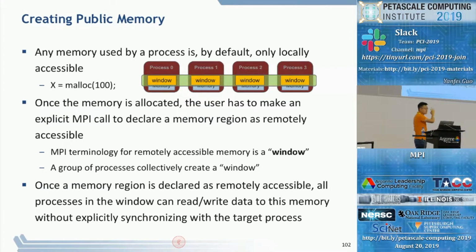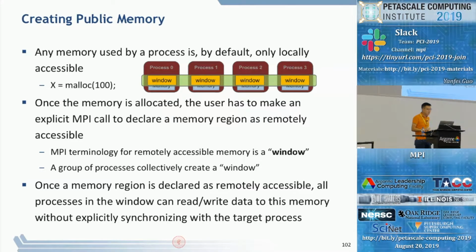Basically, a group of processes says I want to contribute some amount of memory into this global address space, and that's my window to the global remotely accessible memory. That also means you don't have to have all the processes create a window. If your application only needs remote memory access on a subset of processes, you can have them create that region, and everyone else could be unaware of it.